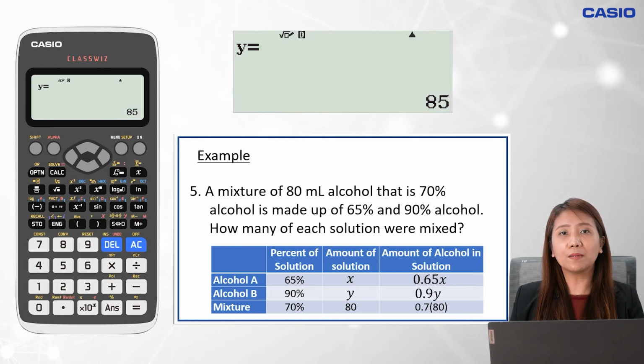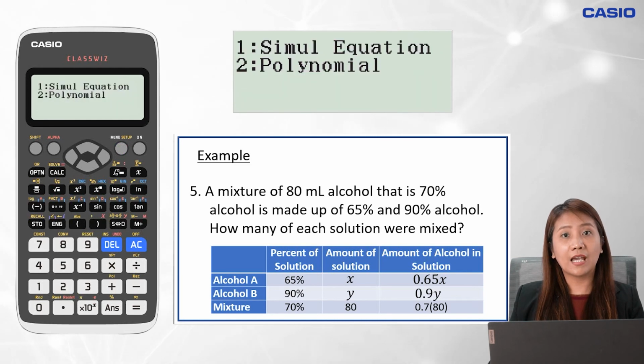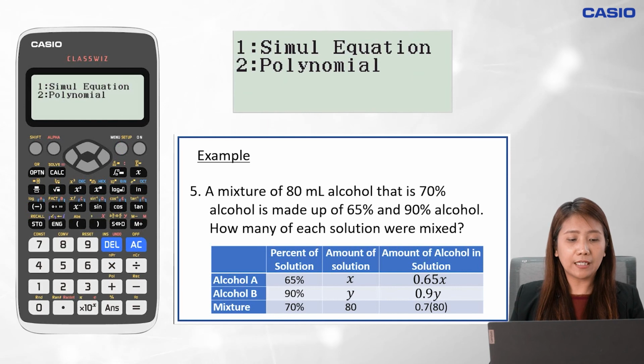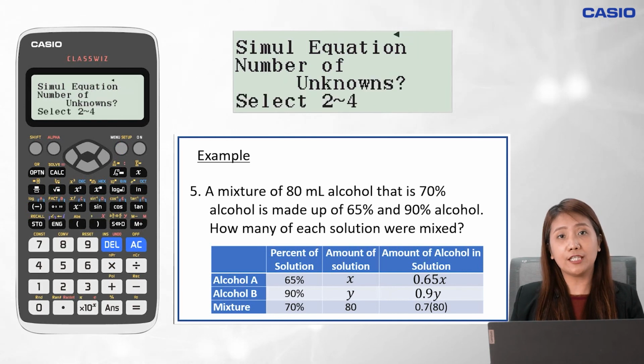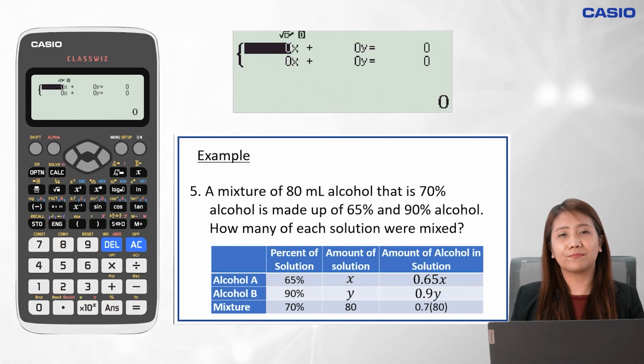To solve this problem using CASIO ClassWiz, first, let's go to menu A. To go there, we click on menu, negative sign. We click on 1 simul equation, and then we press 2 for 2 unknowns.